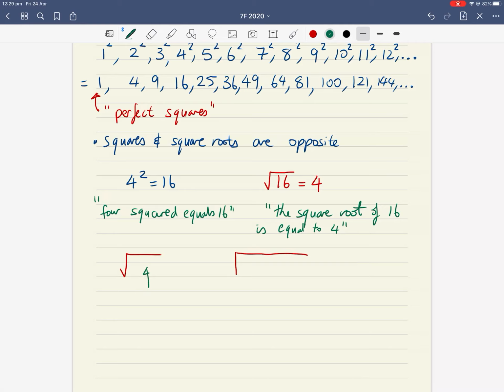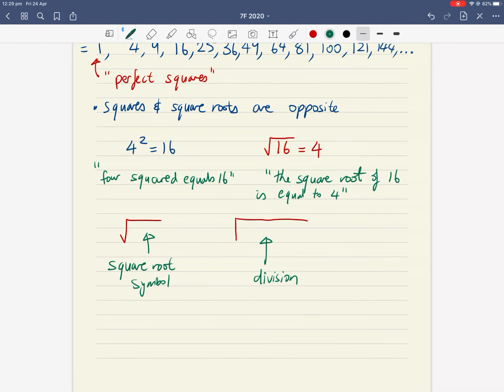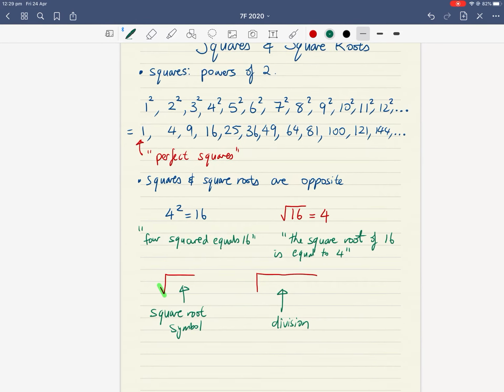Let me draw that nicely. This is square root symbol, and this is for when you do long or short division. So be careful, you always have your little tail on the left hand side so that you know it's a square root sign, not a division symbol.